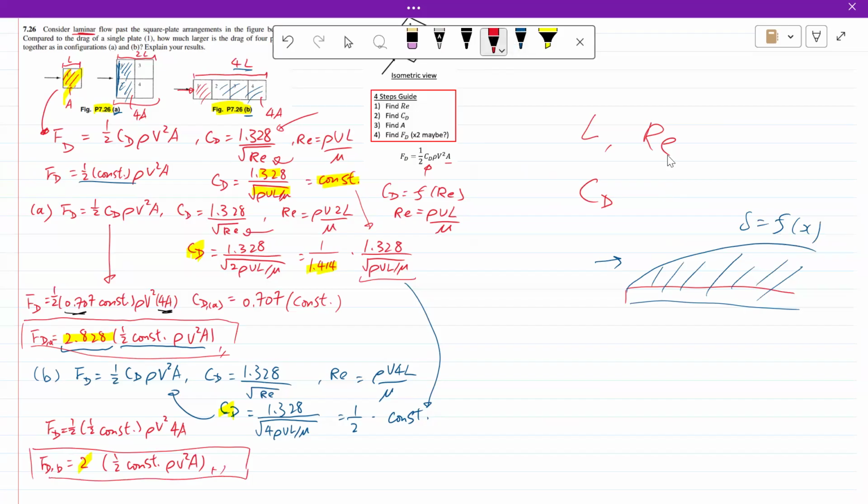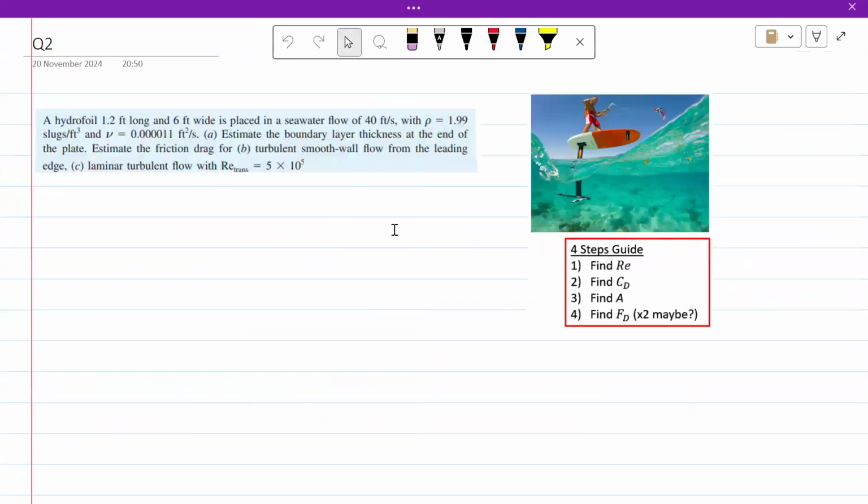Now let's move on to the second problem. Okay, so this is actually a pretty interesting one. A hydrofoil. They're basically like an airfoil, but in water.